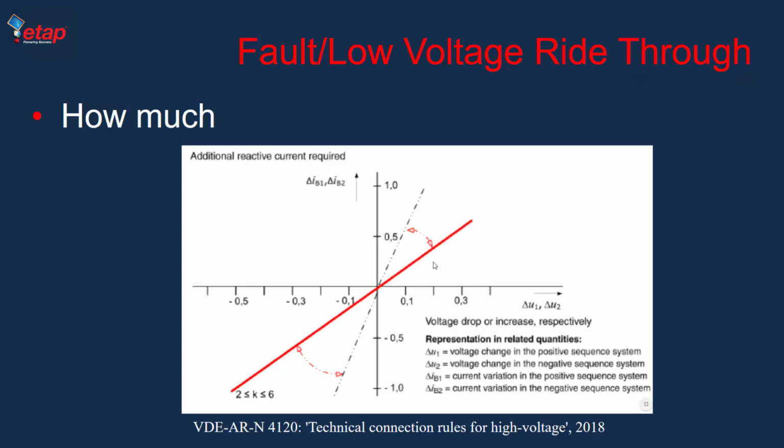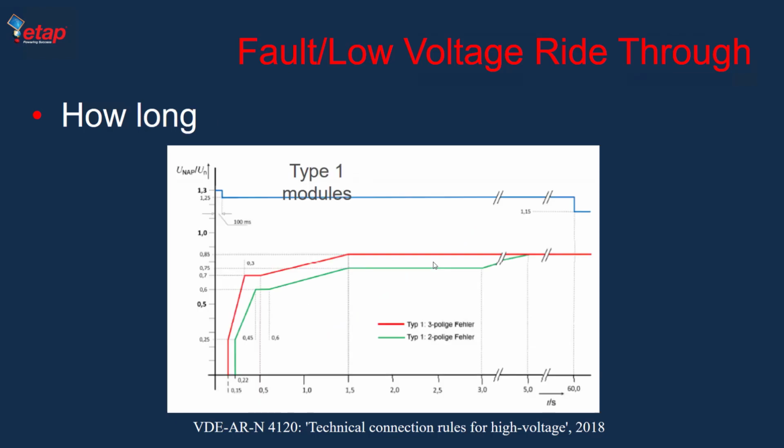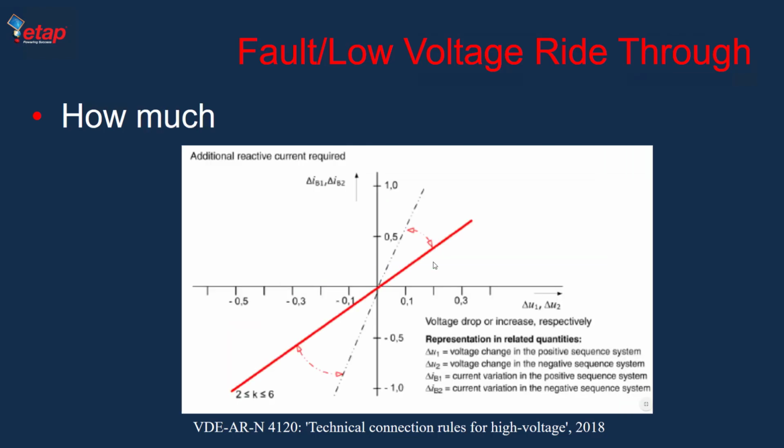Now, when it comes to dynamic analysis, even though the grid code defines to some extent how much needs to be injected and how long it needs to stay, some of the details of how it is implemented are not 100% clear at this moment in the standards, and different vendors may do it differently.